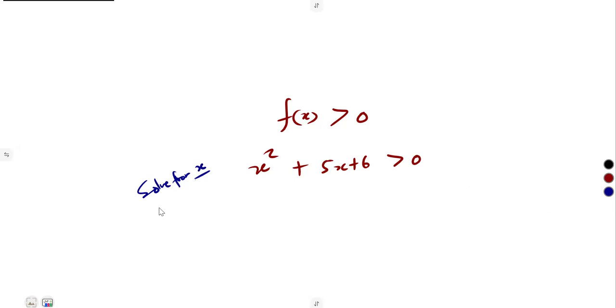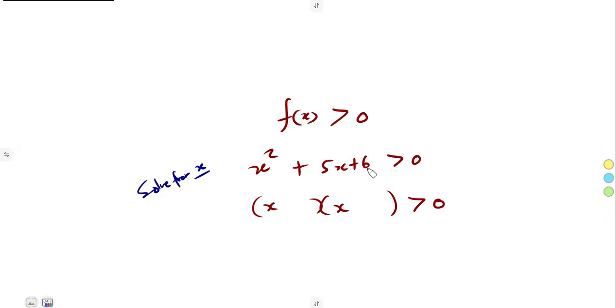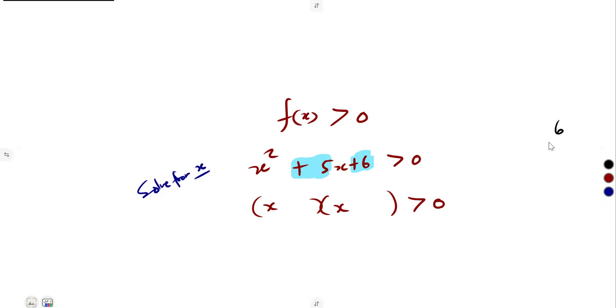From there, you have to determine the critical values first by your factorization. This is x here, this is x, considering the factors of 6. What are the factors of 6 which add up to 5? I was supposed to put the 6 here and the 5 here, sorry for that.